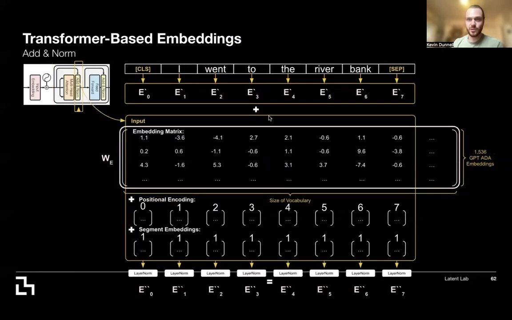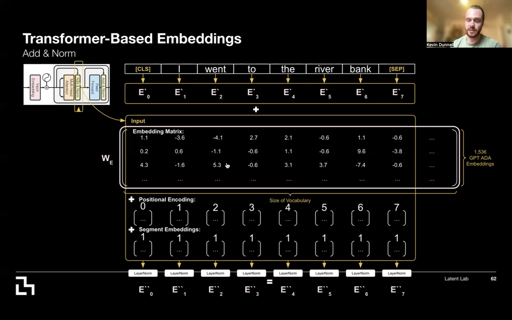So now moving on to this add norm of the encoder block, the original input embeddings with the positional encoding are added back to the output of the multi-head attention block. We can think of this as a skip connection, basically, that helps prevent information loss and stabilizes the training process. Then layer normalization is applied to each one of these tokens independently.